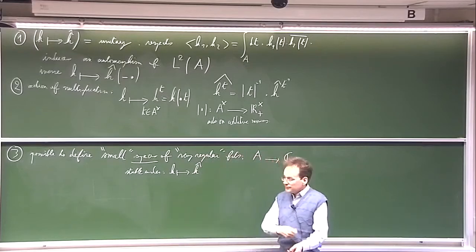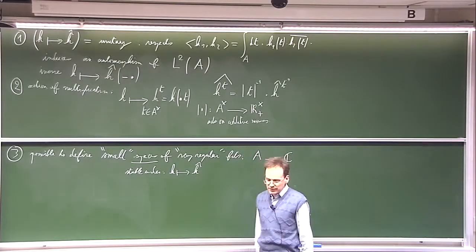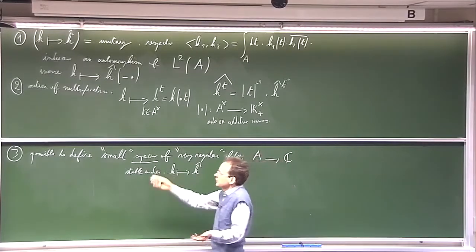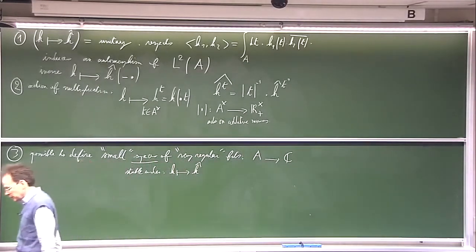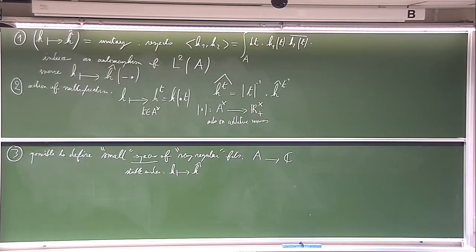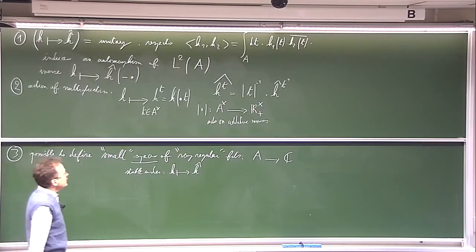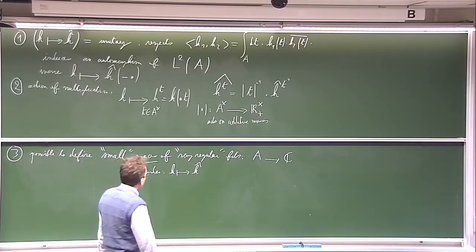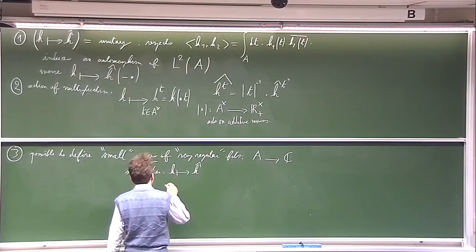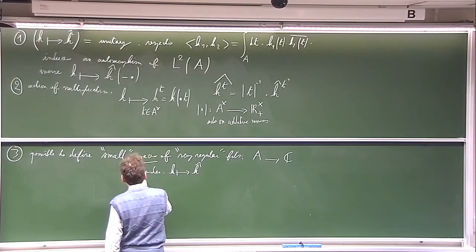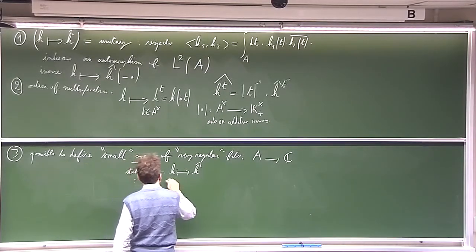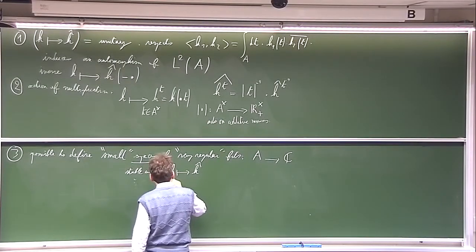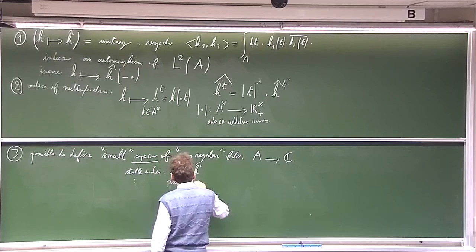Its inverse is just a change of variable x to minus t, so it just means that this space is stable under this change of variable isomorphism. And I also want it to be stable under multiplication, which means I want it to be stable under multiplicative translation.